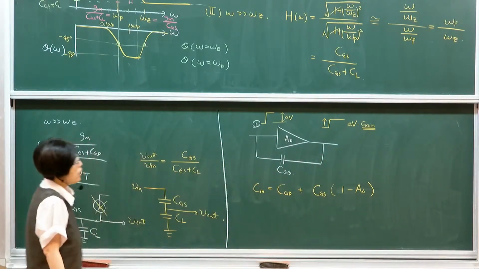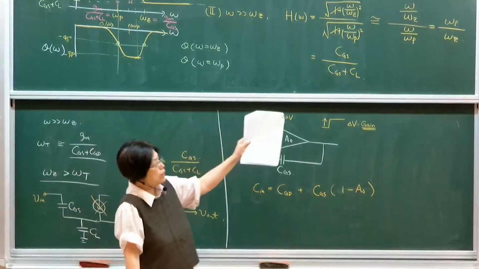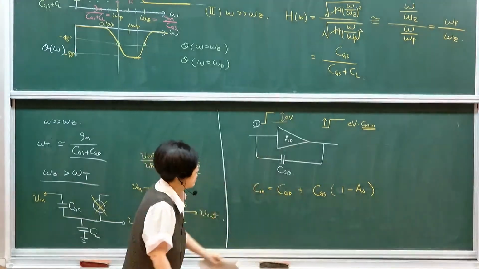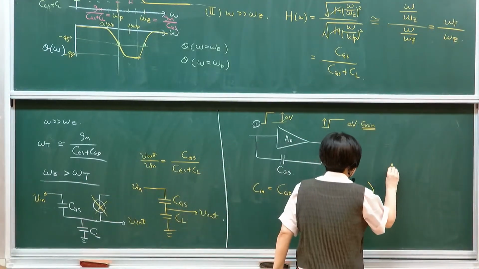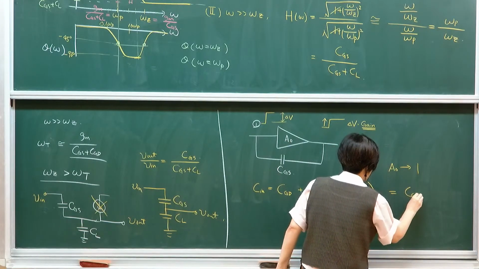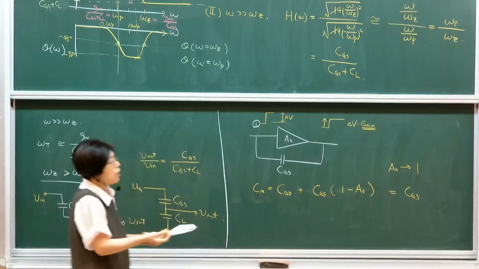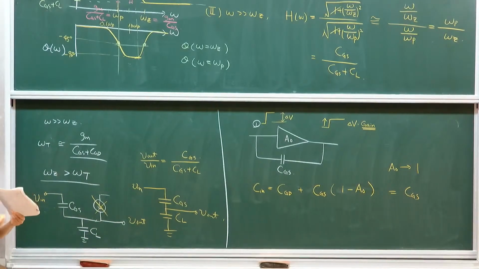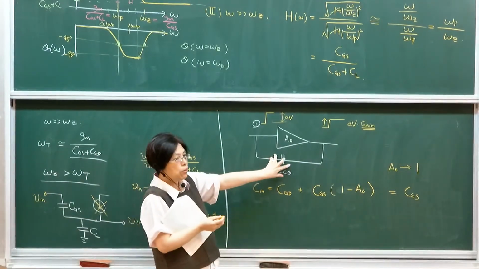So what is my A0? My A0 in this case will be 1. If my A0 is approaching 1, this will simply be CGD. Your feed-forward capacitance, because it follows 100%, means that I don't need to apply any voltage across.